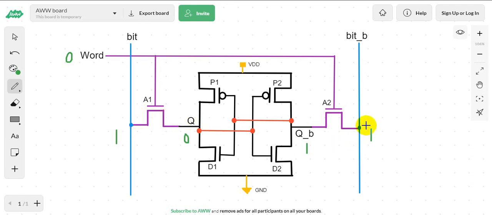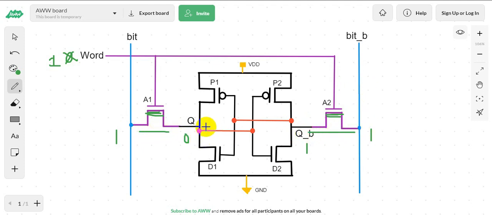The same goes for the Q bar and the bit bar. So when the word is raised, these access transistors are on now, right? So a path will be created from bit to Q, and also from bit bar to Q bar.